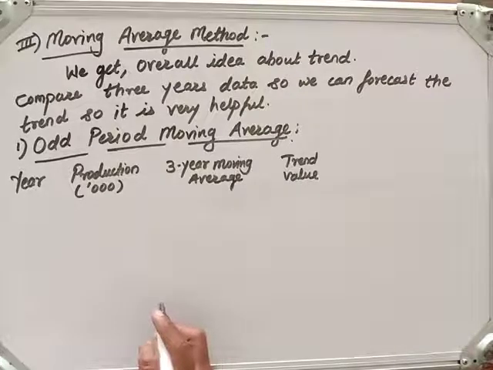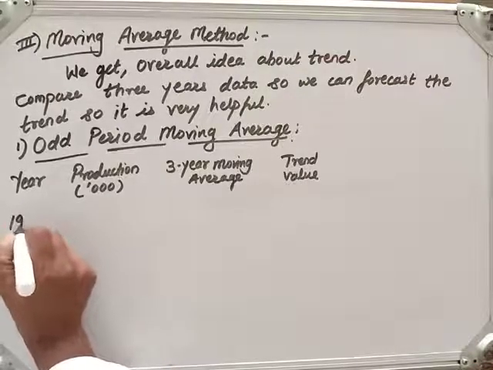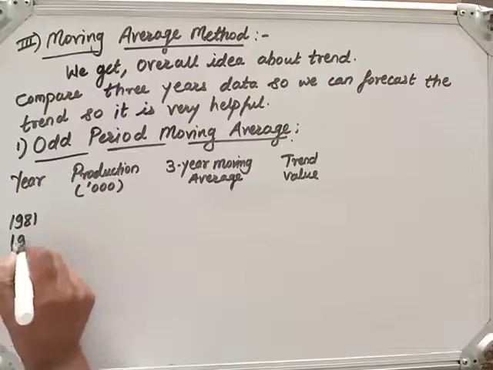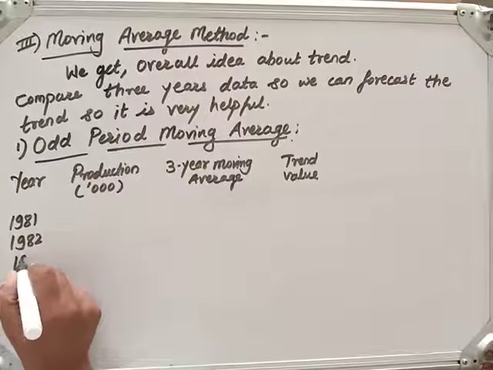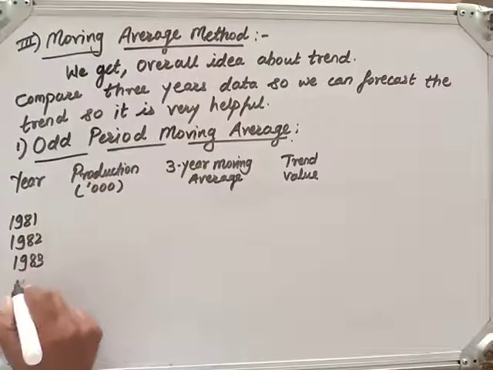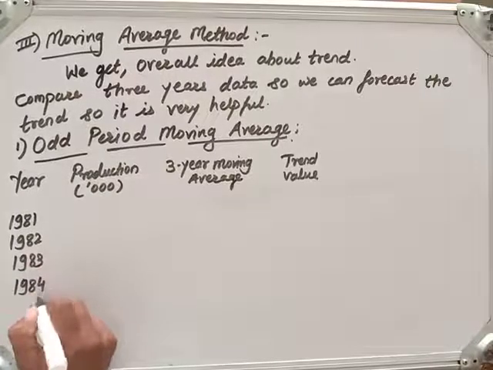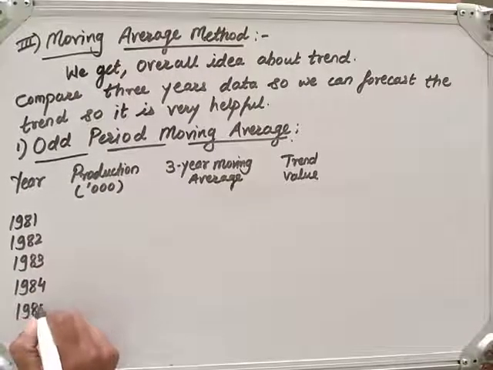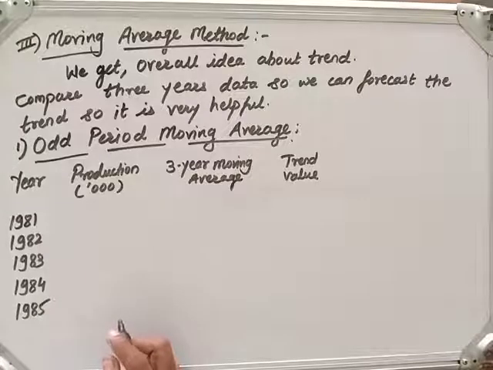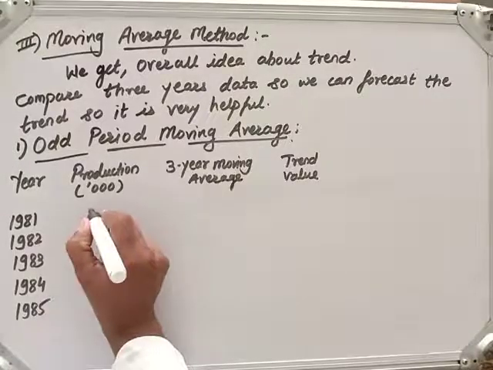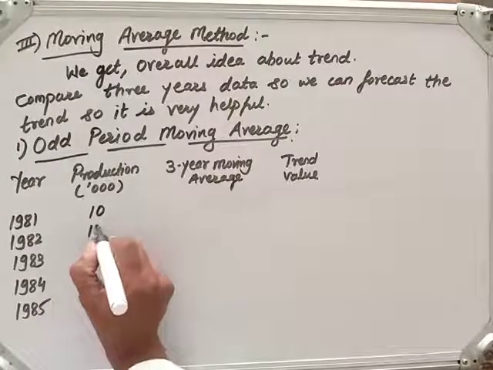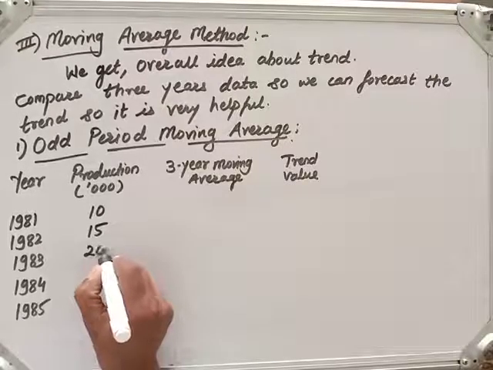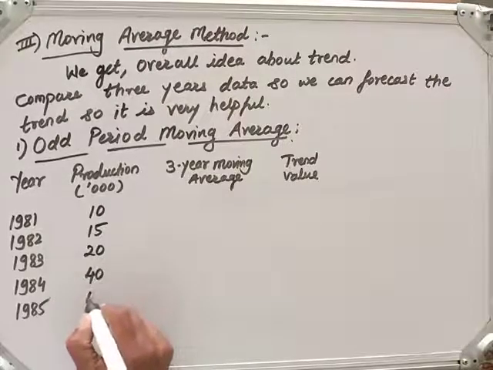The years given are 1981, 1982, 1983, 1984 and 1985. Production is 10,000, 15,000, 20,000, 40,000 and 50,000.